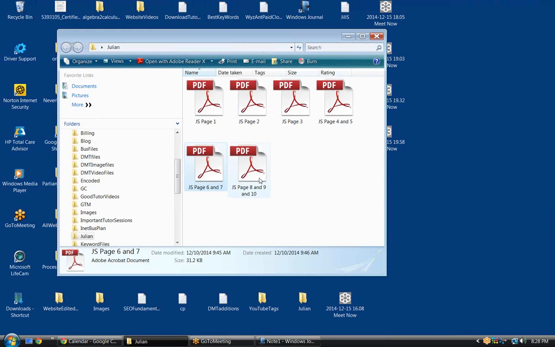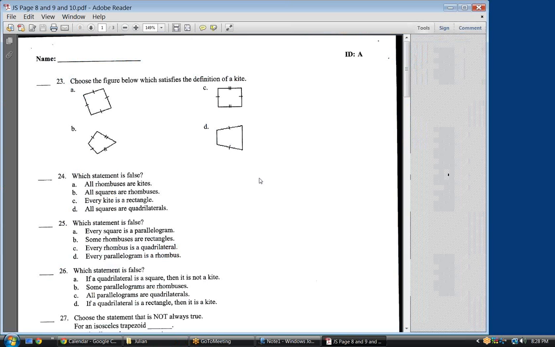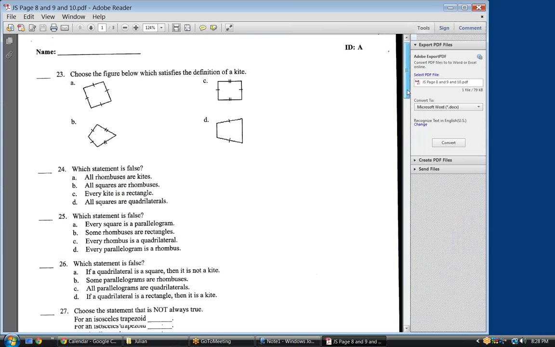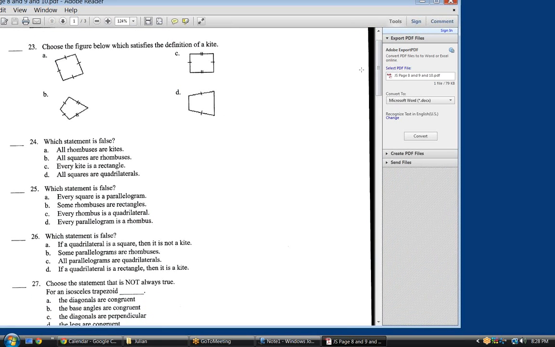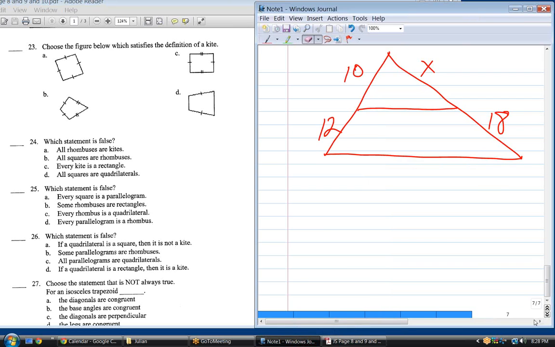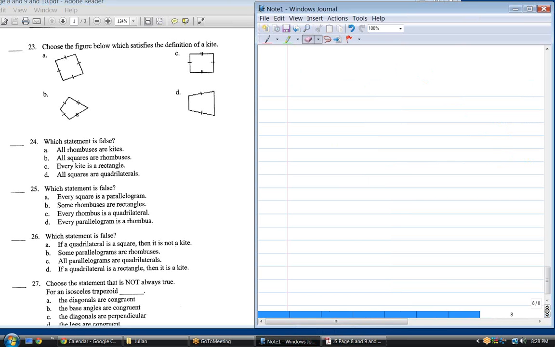All right, coming down the home stretch here. Which one of those is a kite? B. Which other one?